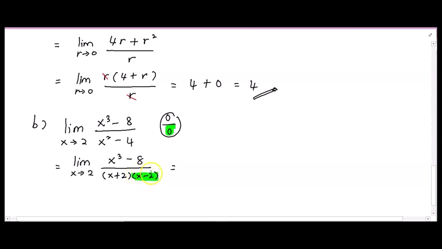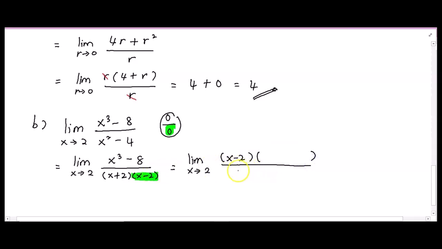So I need to eliminate the x minus 2. To eliminate the x minus 2 at the denominator, I need to find another x minus 2 at the numerator. That means I need to convert the x cubed minus 8 into x minus 2 multiplied by another quadratic factor.